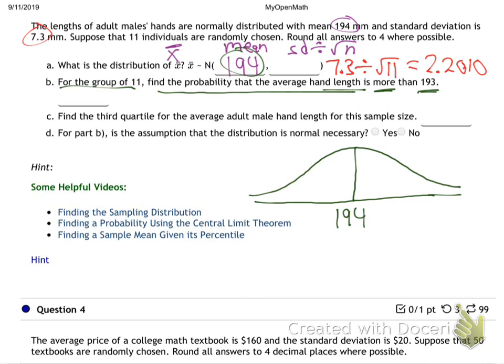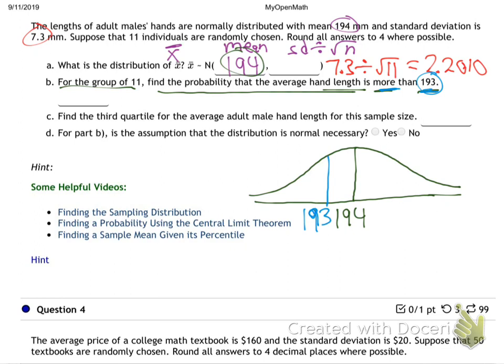So 194 is the average hand length. And now I'm going to put on the shading that they're referring to. What are they saying? More than 193. So where's the 193? Is that to the left or the right of the 194, which is the center? 193 is just a little smaller than 194, so it'd be over here just a little bit.